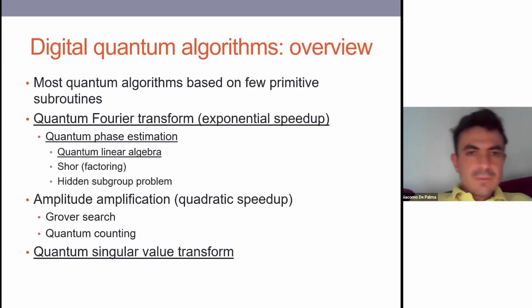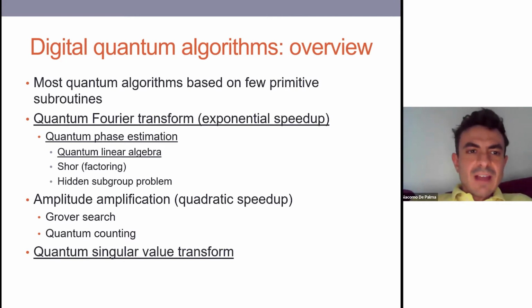Okay, so let me give a brief overview of digital quantum algorithms. So digital quantum algorithms are all the quantum algorithms that are built up in this fashion. So, built up composing, adding new qubits, applying fixed gates, and then measuring.